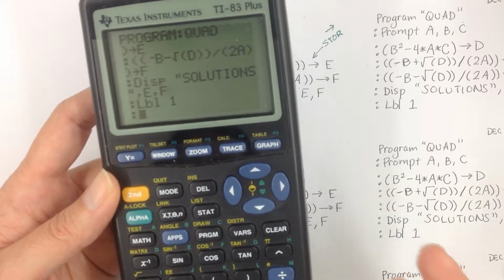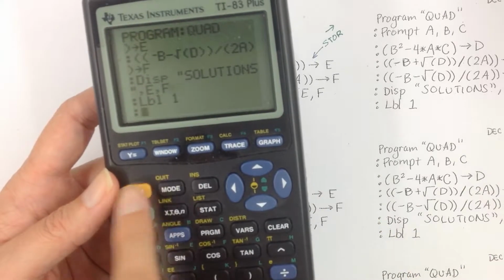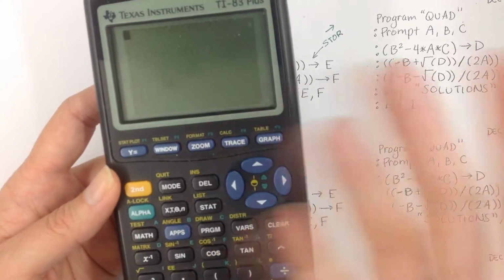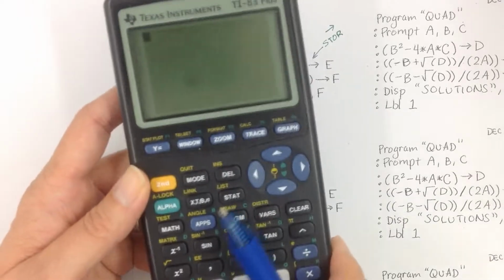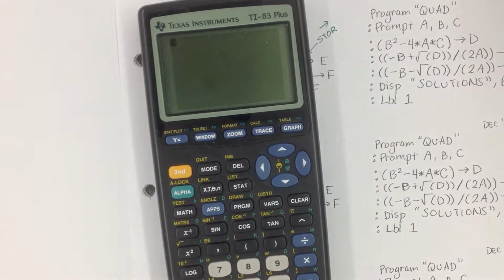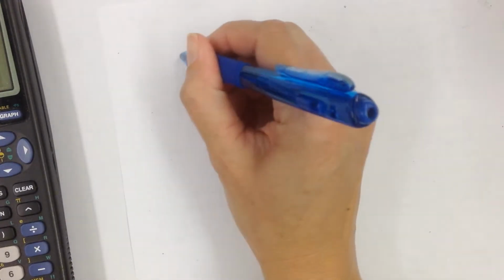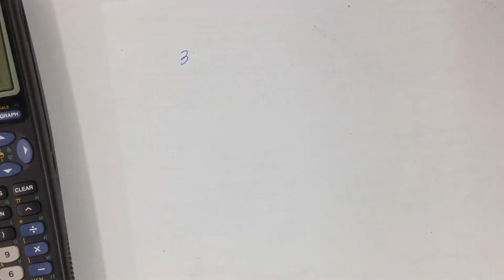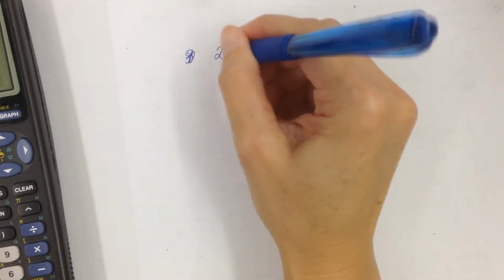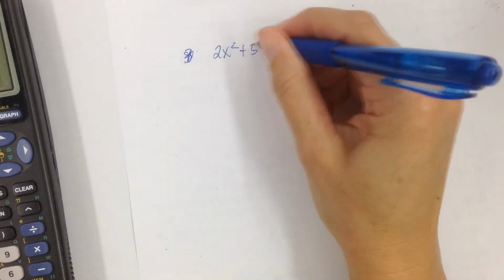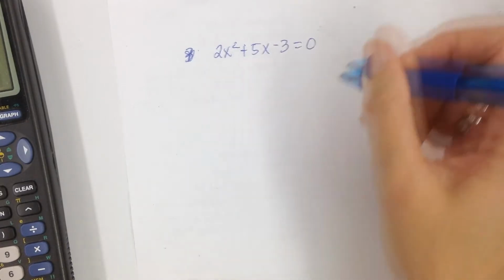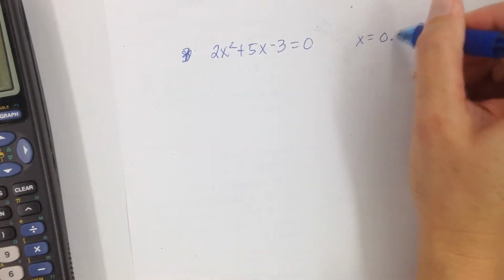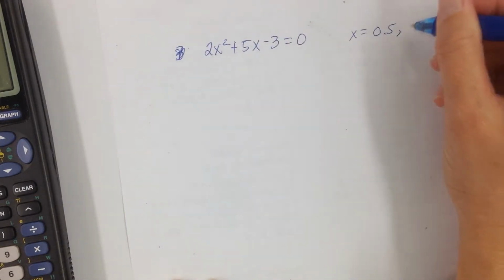So let's test this out. Let's put second mode to quit, and this has automatically been saved. You don't have to save it, it automatically saves it for you. So let's see, the practice equations I have are: 2x squared plus 5x minus 3 equals 0, and I know that the solutions to these are 0.5 and negative 3.